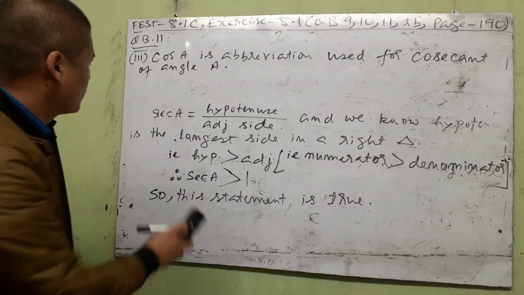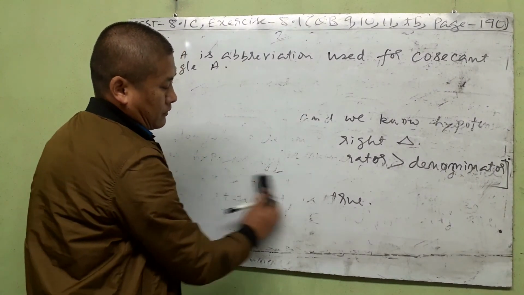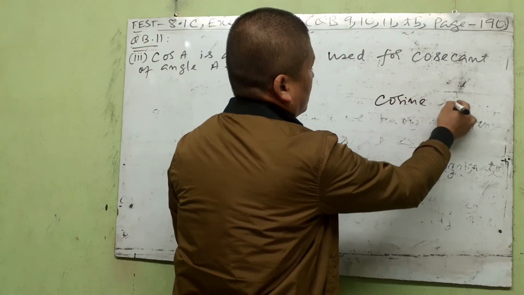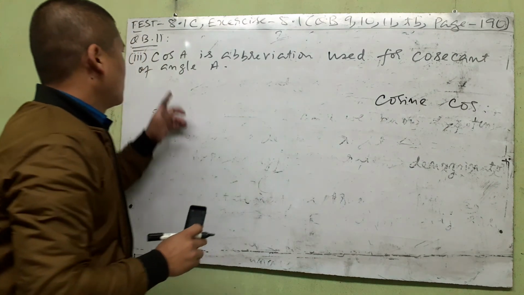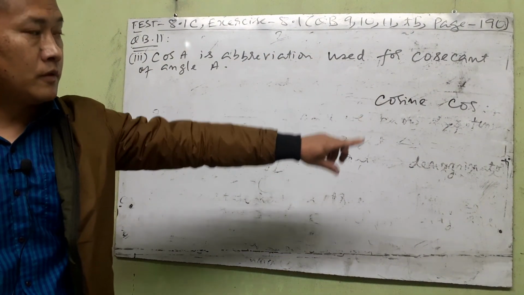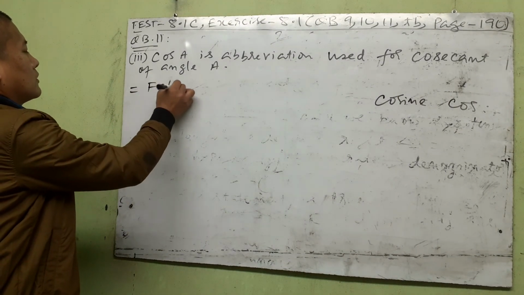Answer is surely false. We know, no? Cos A is the abbreviation for cosine, right? Cosine is written in short as cos. Cos is not the short of cosecant, it is the short of cosine. So you start your answer as false.